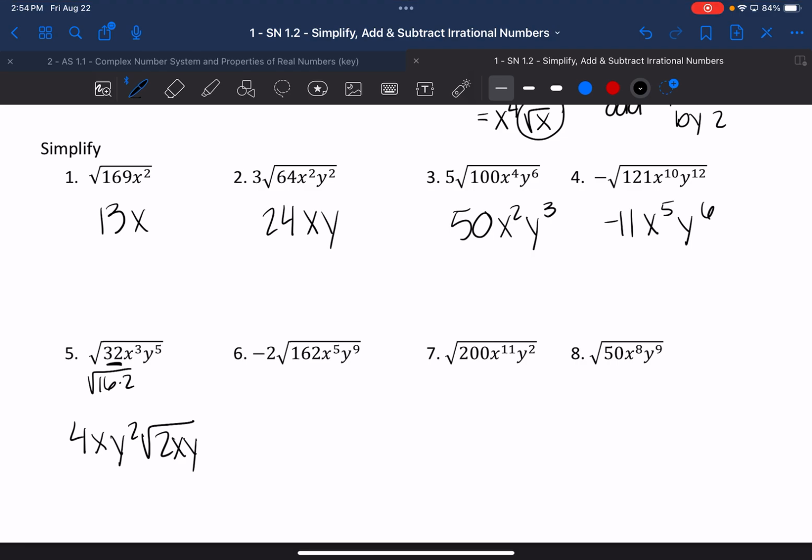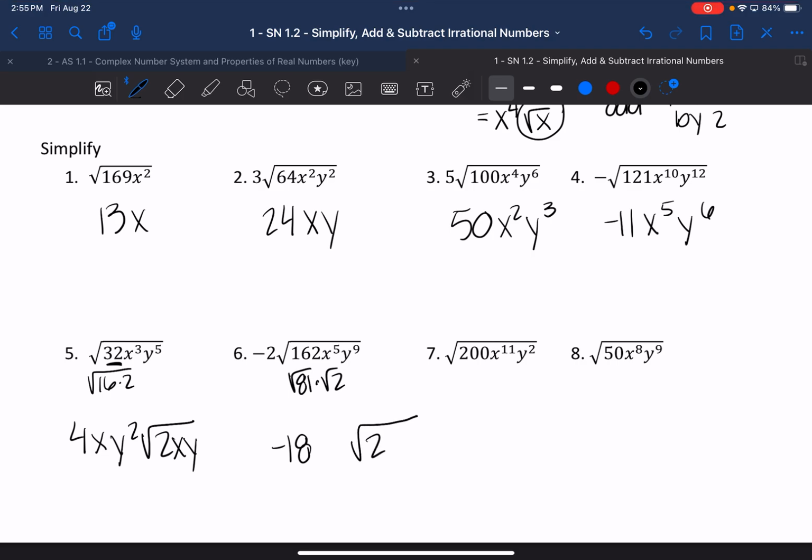So what's half of 162? 81. And does that have a square root? Perfect. So we're going to use 81 times 2, right? Like you guys said, the square root of 81 is 9. 9 times negative 2 that was already out there is going to give us negative 18, right? Okay, but we do still have that 2 under there.